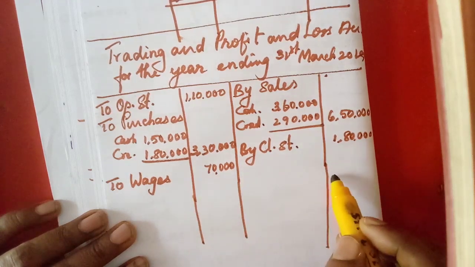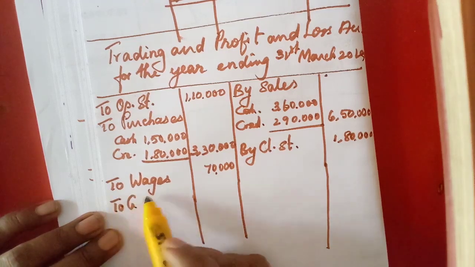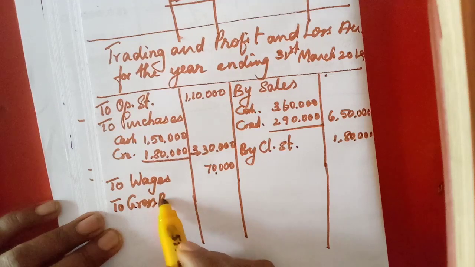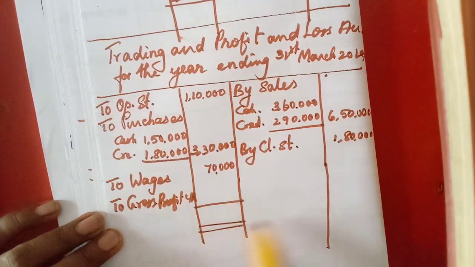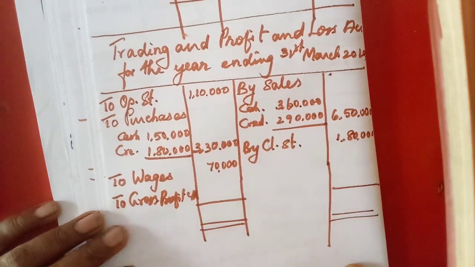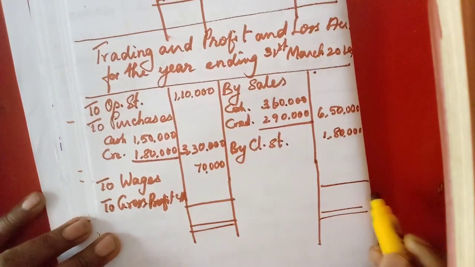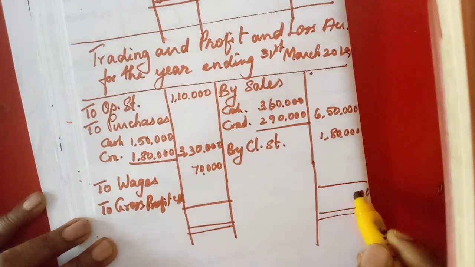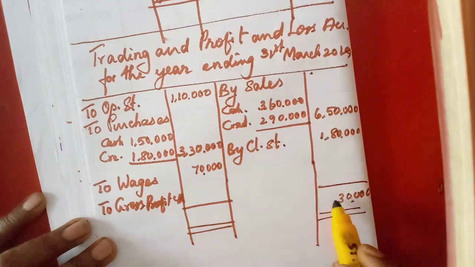So we will calculate the total. Here we should write gross profit carry down. We will add and write. This side only is more, isn't it? 1, 2, 3, then 4th 0, then here 5th digit 13, balance 1, 7 plus 1, 8.